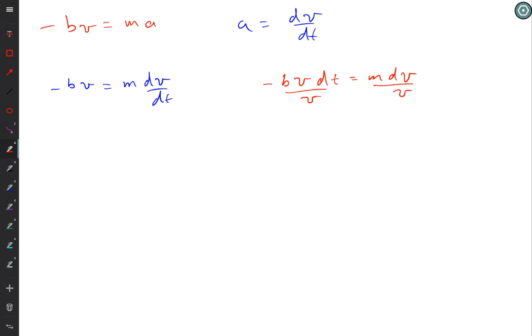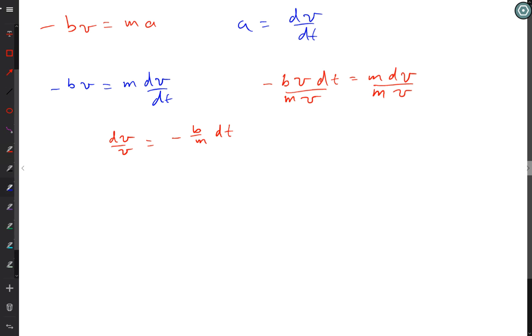Now I'm going to do one more thing because I like to. I want the dv by the v term without any other stuff, because it's going to give me the natural log. So now I have the equation that says dv over v is equal to minus b over m dt.